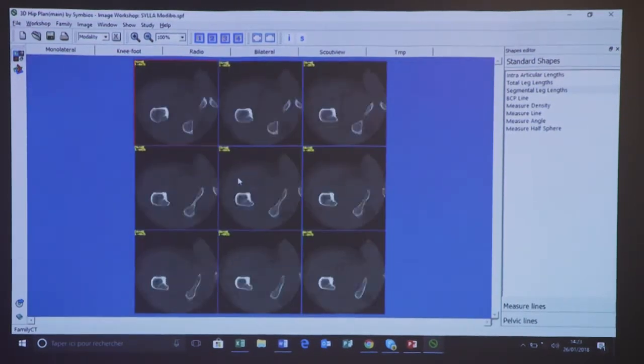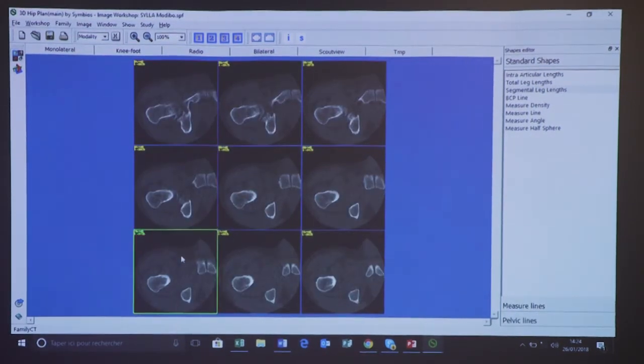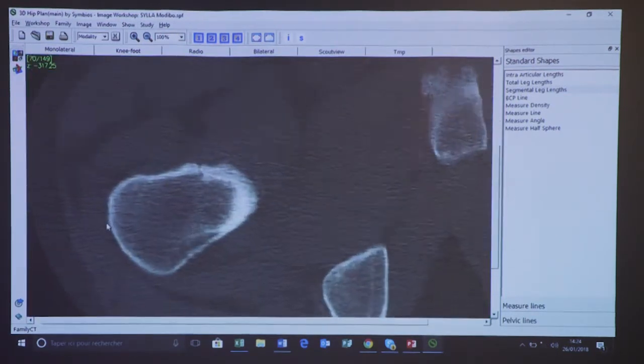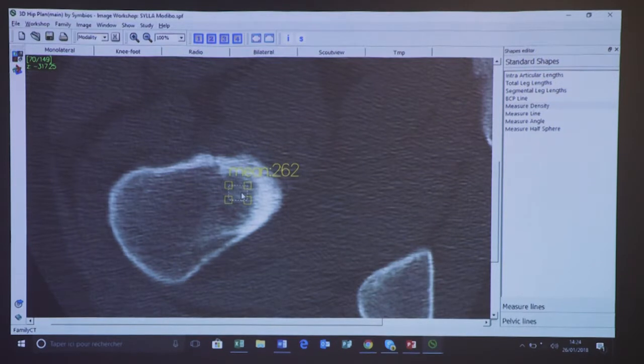Now let's go here to analyze the bone density, and the bone density is 262. Wow.